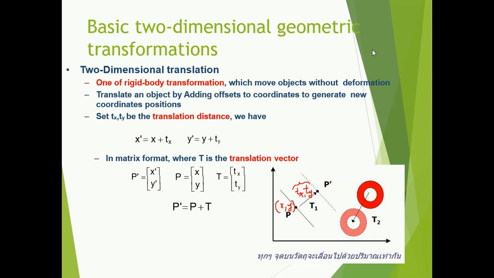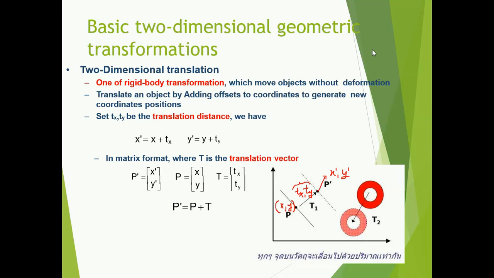Then a new position has been generated. We represent it, for example, by x1 or x dash comma y dash. So this is a new point you are going to get.